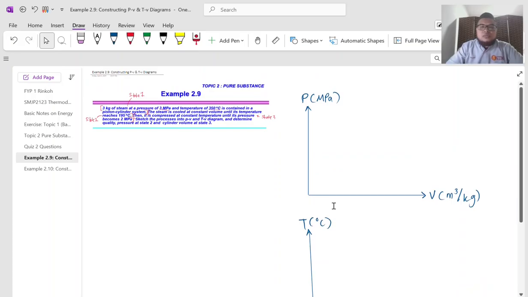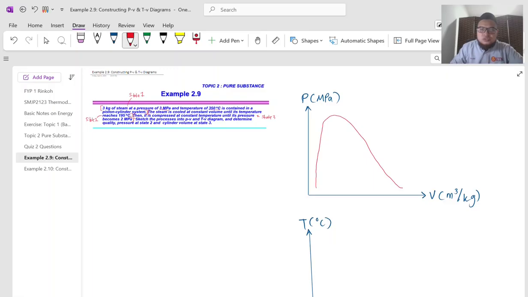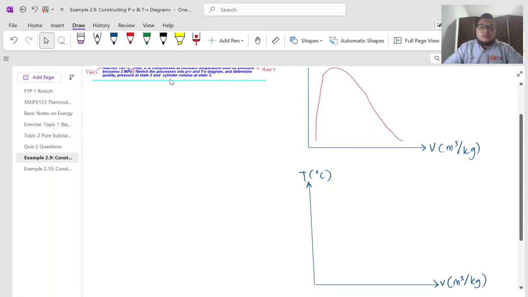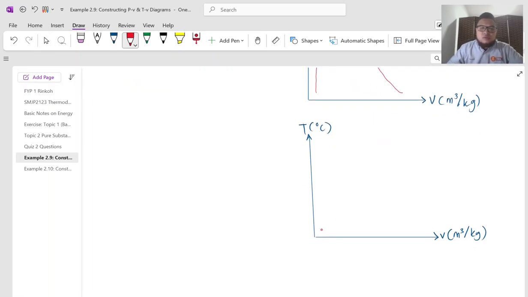We are going to revisit these PV and TV diagrams a couple of times. Let me put the basic curve here. For the PV diagram, we have something like that, quite skewed. For the TV diagram, we have something like a bell-shaped curve.